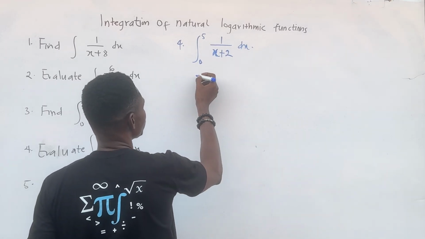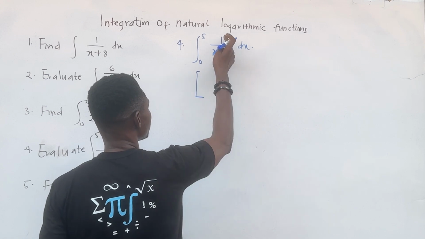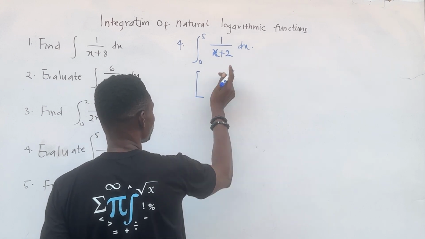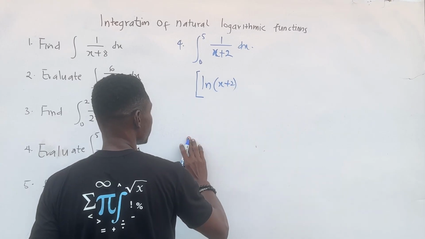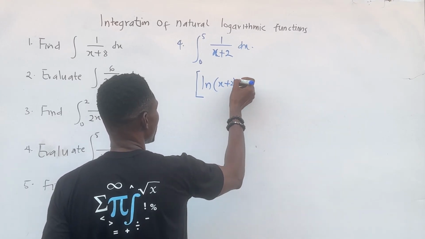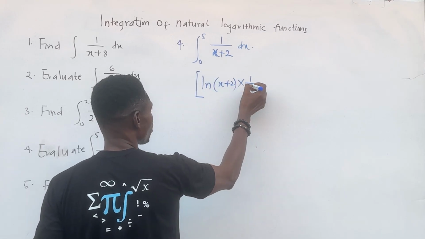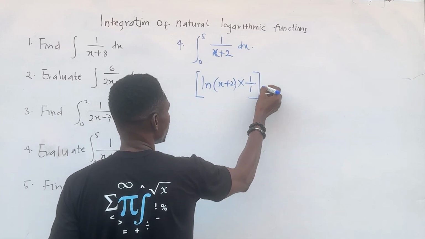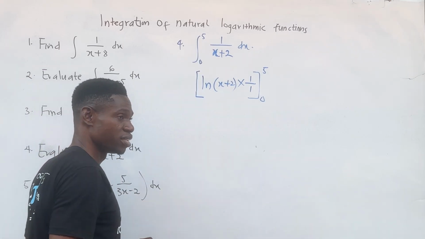So first, if we integrate 1 over x plus 2, we get ln x plus 2, multiplied by 1 over the derivative; differentiate x plus 2, you have 1. So we're going from 0 to 5. Now, there's no plus c because this is called a definite integral.